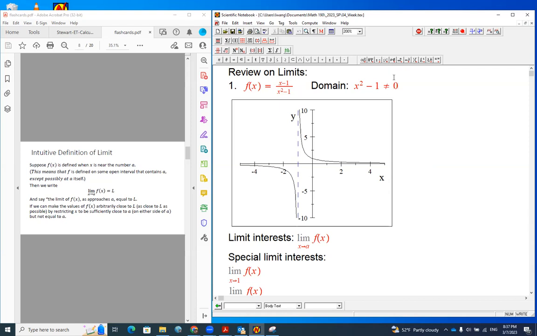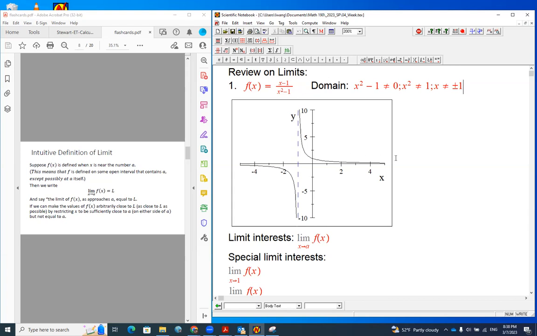If you solve this equation, x squared cannot be equal to 1, and as a result, x cannot be positive 1 or negative 1, right? So that's the domain.